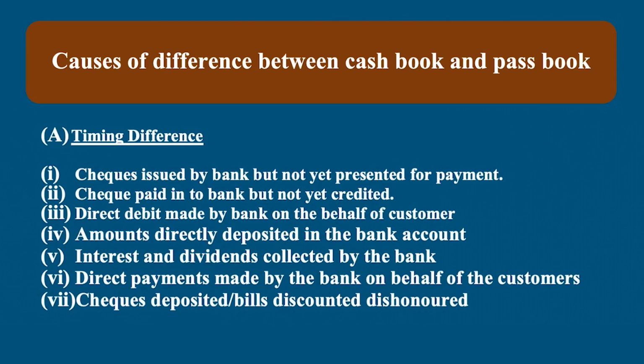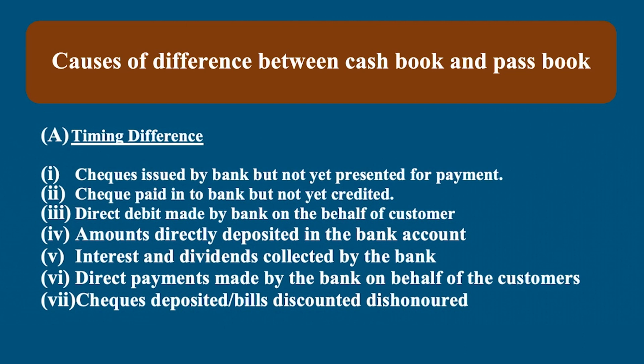In this case, the bank records the receipts in the firm's account at the bank, but the same is not recorded in the firm's cash book. As a result, the balance shown in the bank passbook will be more than the balance shown in the firm's cash book.